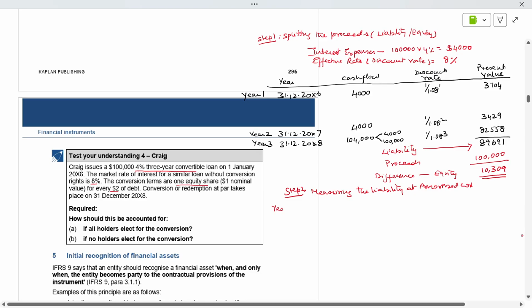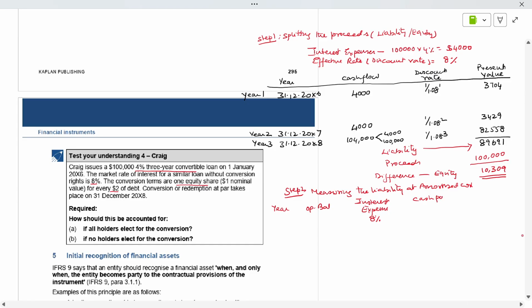Year, opening balance, interest expenses at the effective rate. What is the effective rate? 8%.